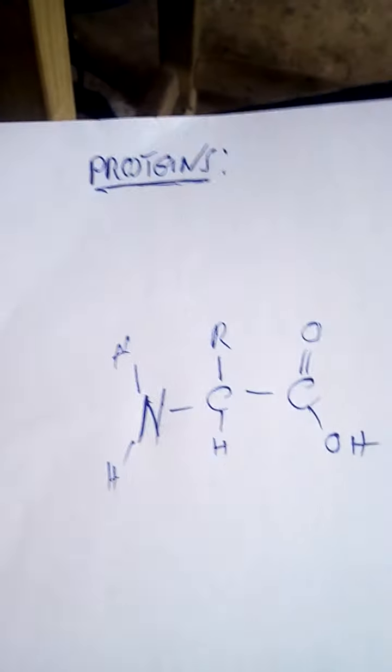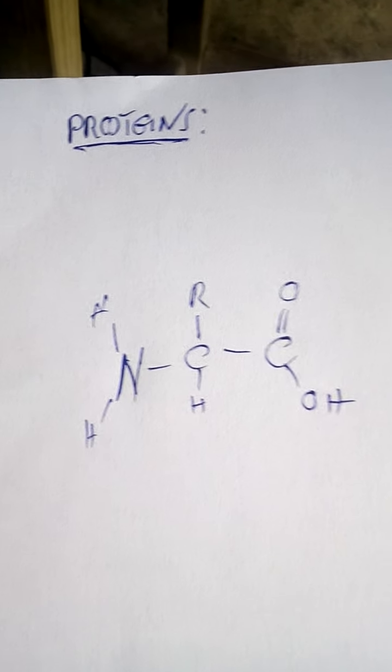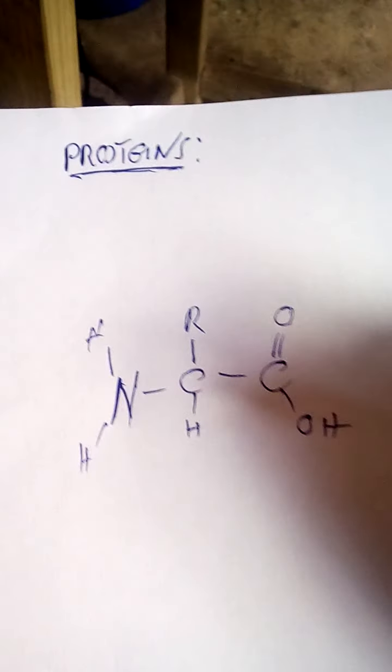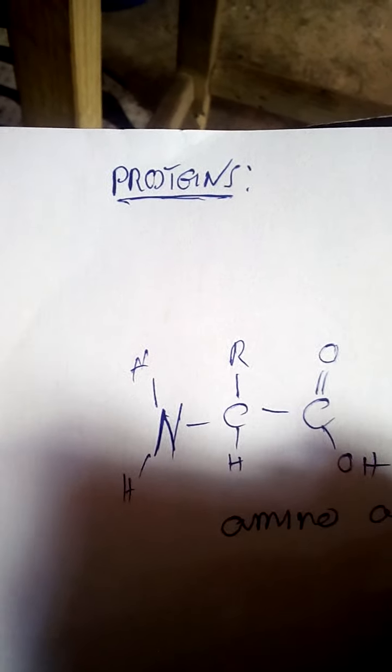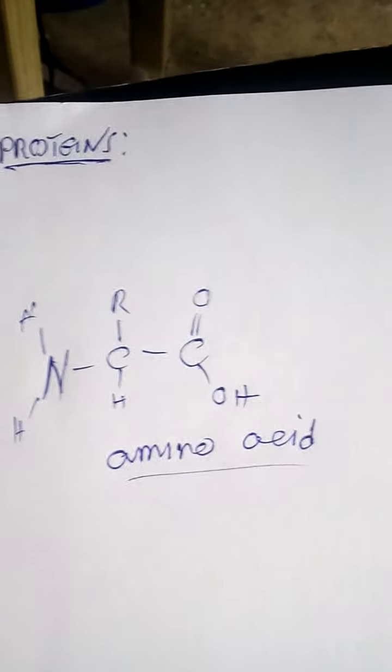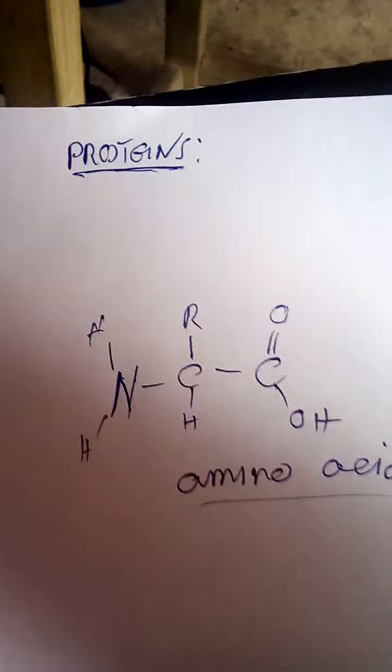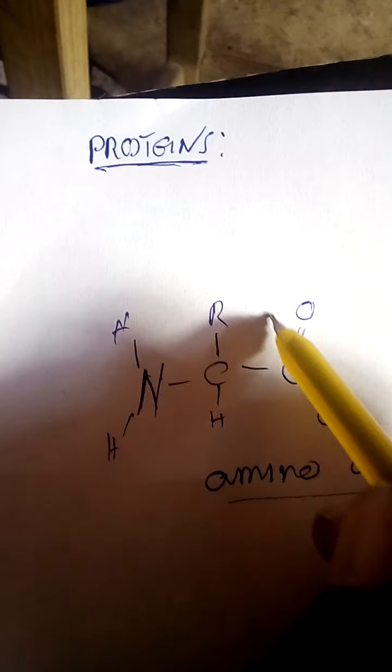So in this case, we talk about the characteristics of this monomer, which is called amino acid. So you can see that the amino acid has got the carboxyl group on this side.